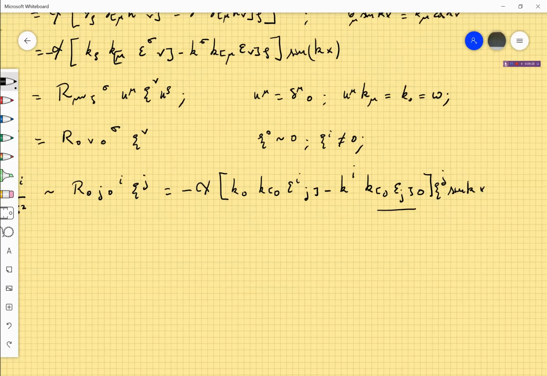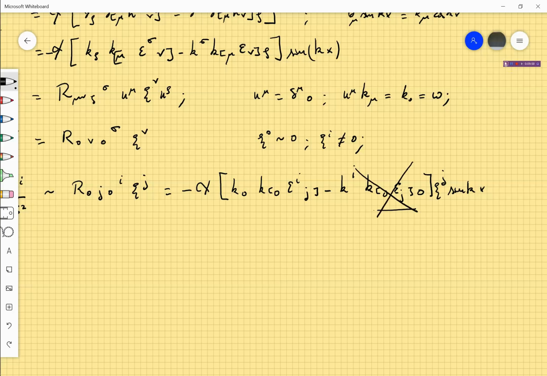In this term, there are two terms because of the antisymmetrizer. One of them is k0 epsilon j0, which is 0 because of our choice that the mixed space-time components of the polarization tensor vanish, and the other term will be kj epsilon 00, which also vanishes because of the choices we made.